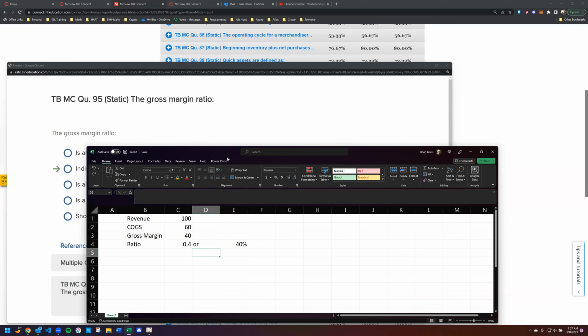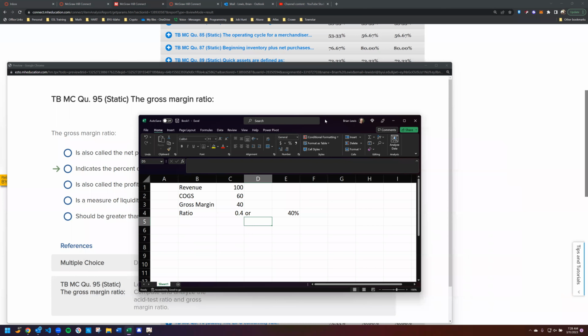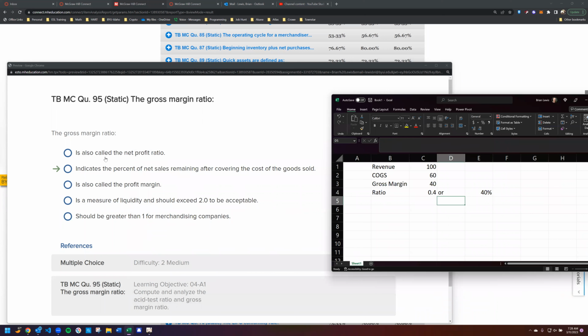Now, when I think of it that way and I go over these options: is also called the net profit ratio. Well, it's not net profit because it's gross. Net would be then you take your expenses and you have a net income.